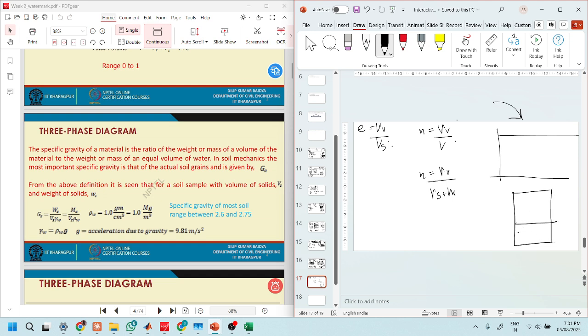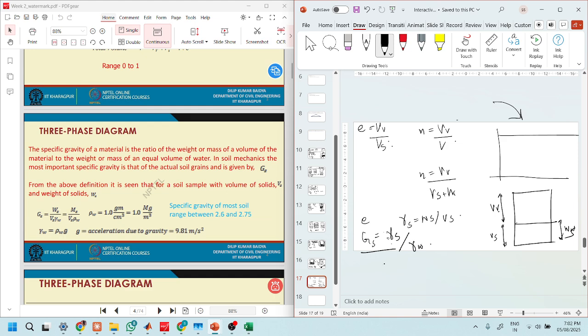If this is the volume of solids and this is the volume of voids, e will be volume of voids over volume of solids, and the density of solids is weight of solids over volume of solids. The specific gravity is the comparison between the density of solids and water.